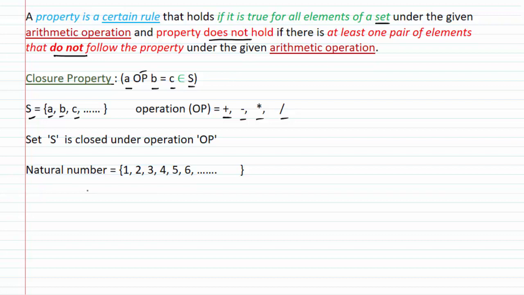Let's understand what I said with an actual number set, that is natural number. Natural numbers are from 1, 2, 3, 4, 5 up to infinity, and the arithmetic operation that we will perform is addition.